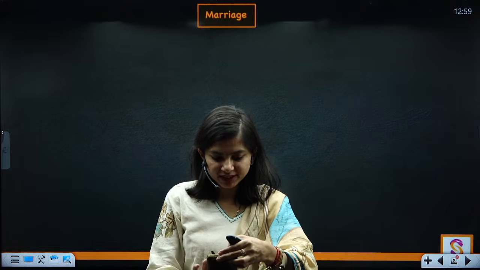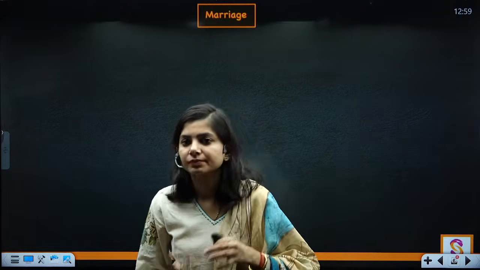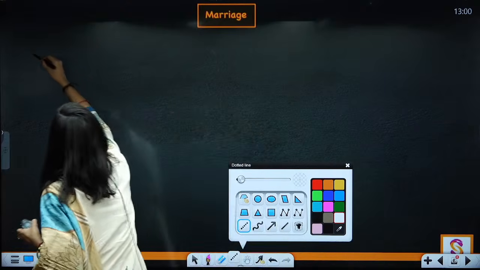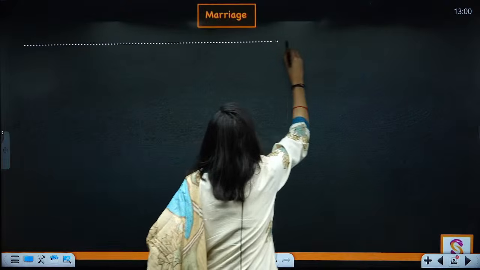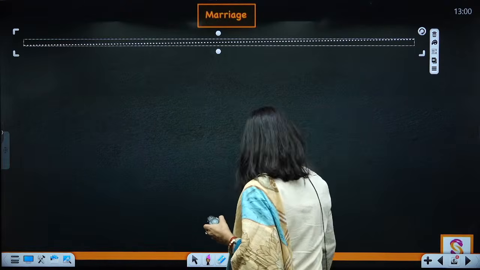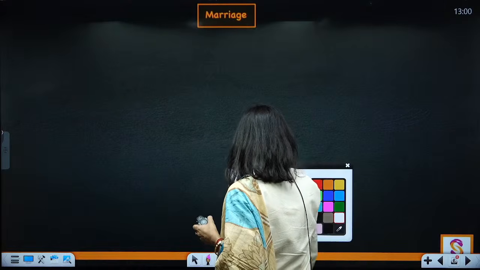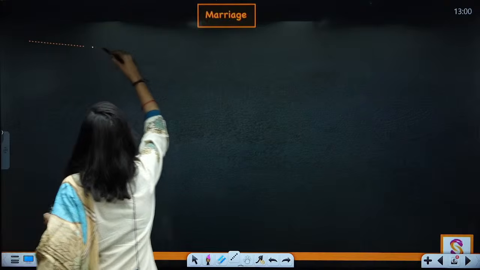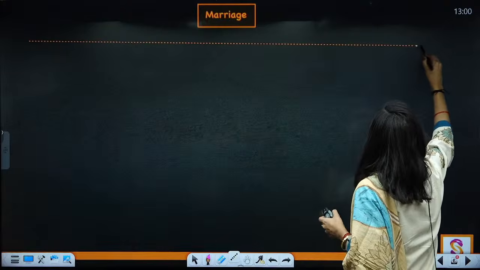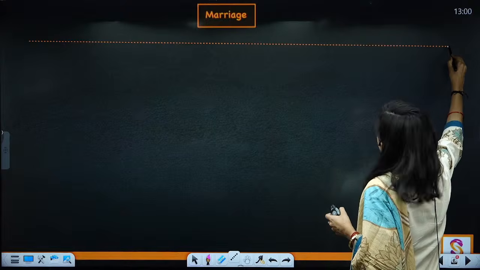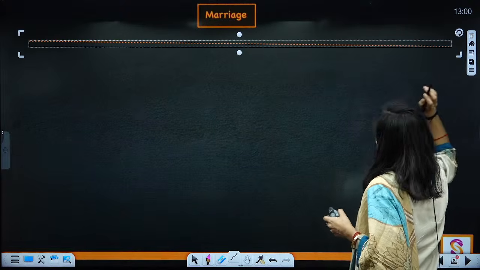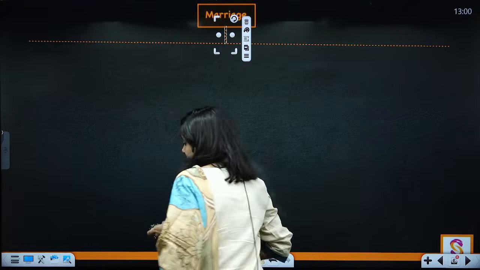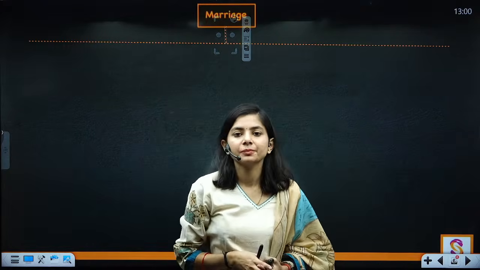Okay, so now let's see how these indexes will work and how to prepare this index. See, this is extremely important. Okay, now what does index mean?